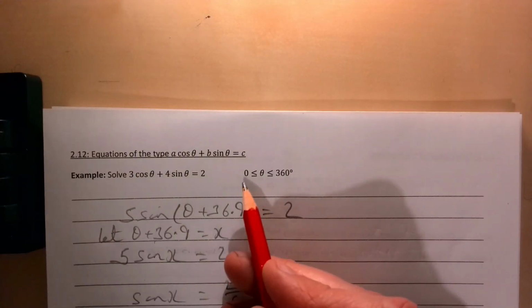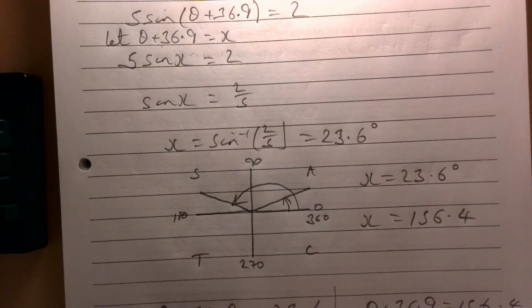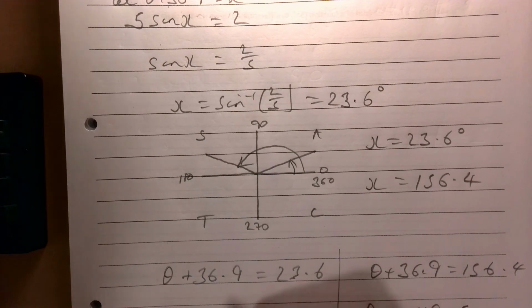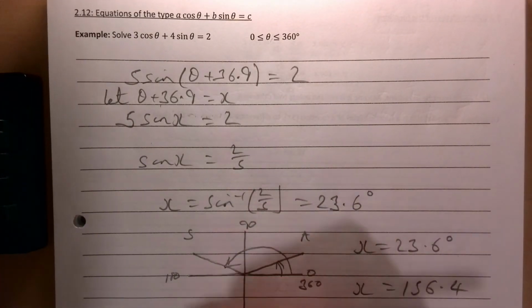Now if I look back to my range between 0 and 360 degrees, minus 13.3 is famously not in between 0 and 360. So we need to tidy this up very slightly. It's kind of brought it back around to here, so we can go round the other way.